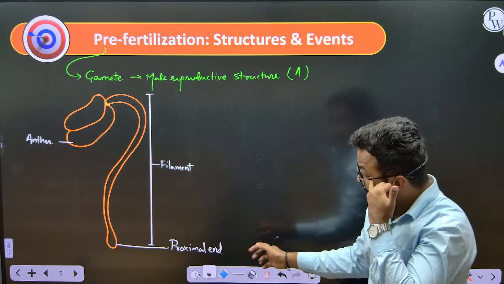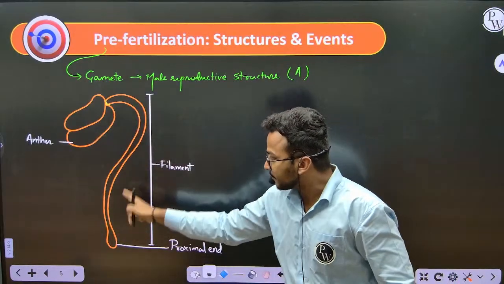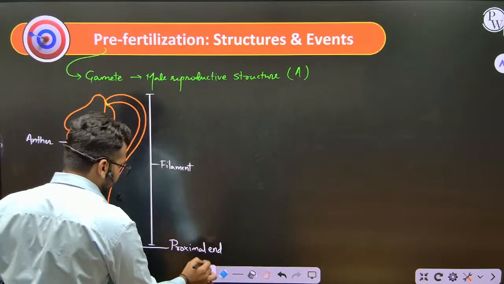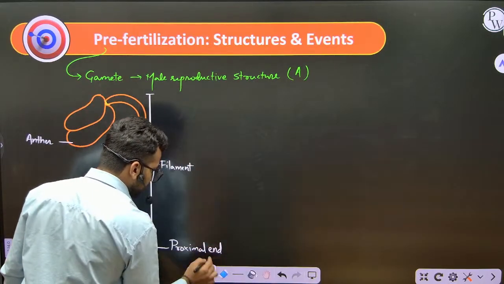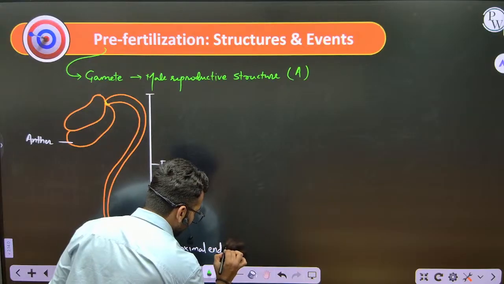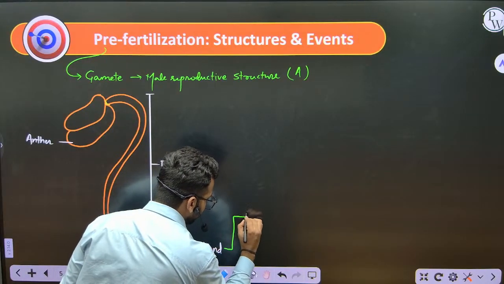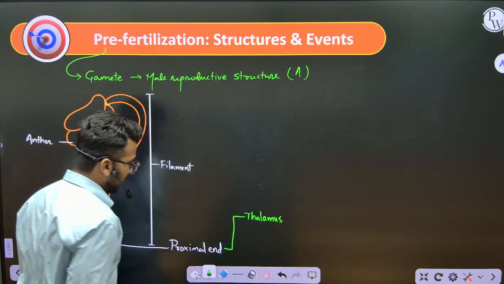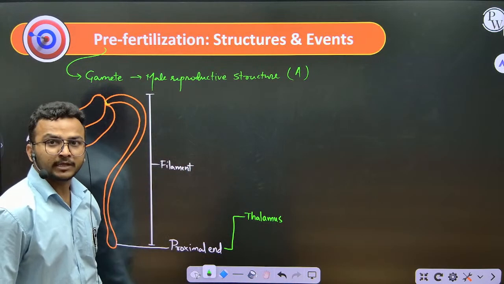So the proximal end of this filament is connected to the thalamus.